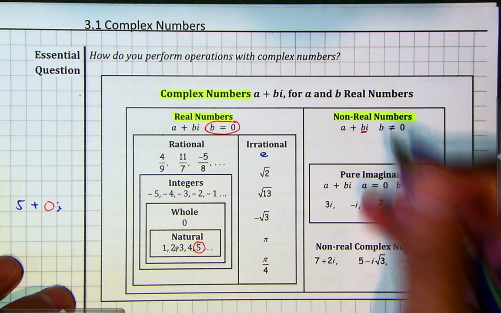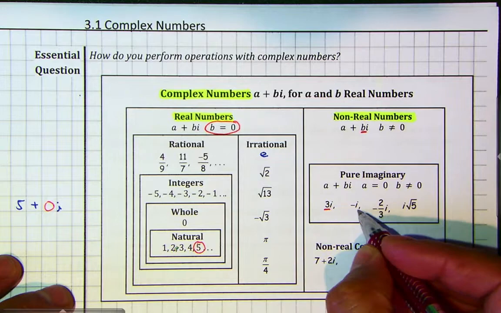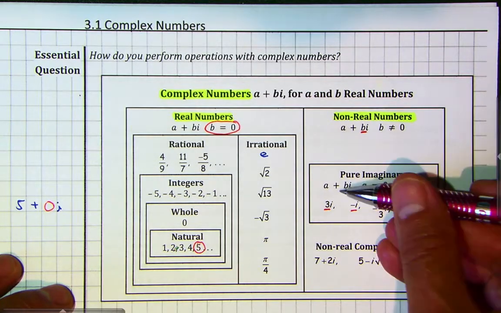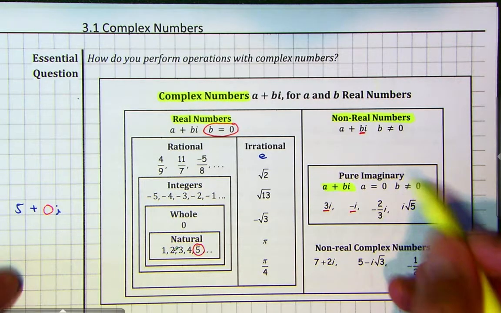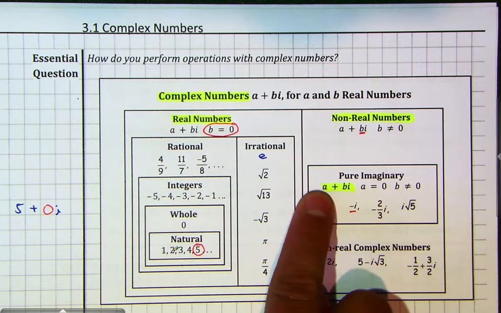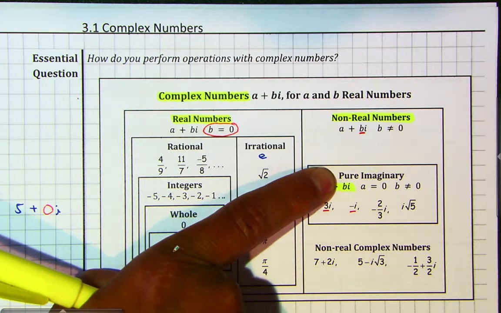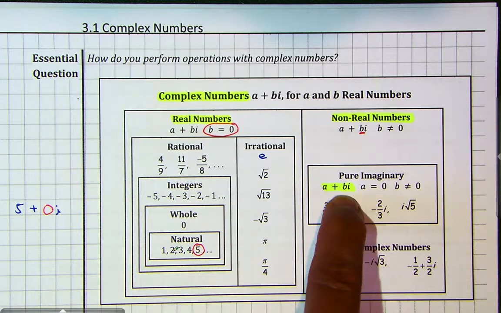Non-real numbers are anything that has an i. If it only has the imaginary part, it's a pure imaginary. Notice that they give you the same definition, but now a is 0. So therefore we only have bi, which is a pure imaginary, and b cannot be 0, so we do have an i in there.